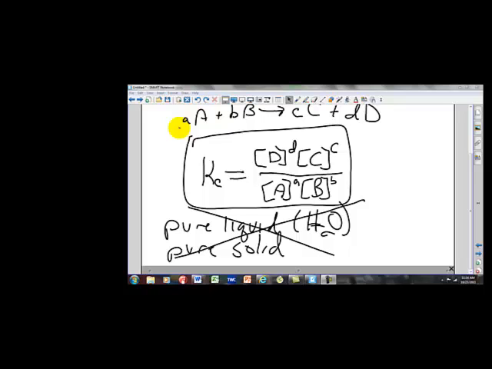It also doesn't matter how much of anything I've got. It doesn't matter if I start with just reactant and I have no products yet. It doesn't matter if I have some of all of these. It doesn't even matter if I have just products and no reactants. I can always calculate a K once equilibrium has been established.